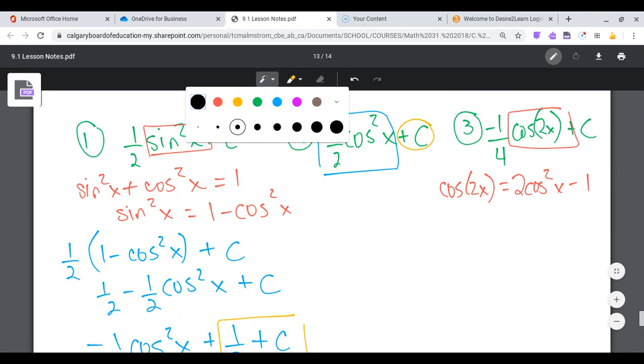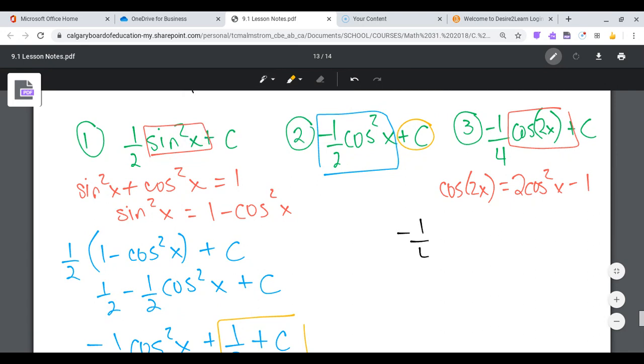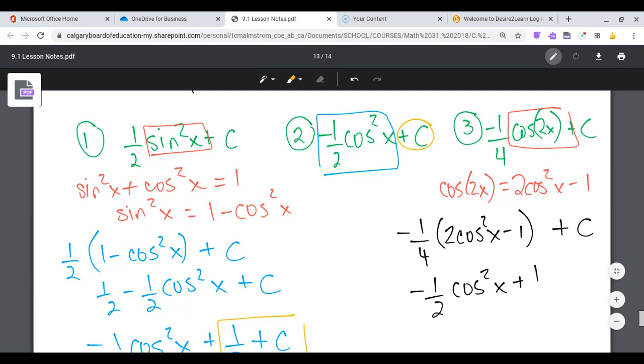So this is equal to negative 1/4. Cos 2x is going to get replaced with 2 cos squared x minus 1. And then I have my plus c. When I multiply this out, I get negative 1/4 times 2, which is negative 1/2 cos squared x plus 1/4 plus c.